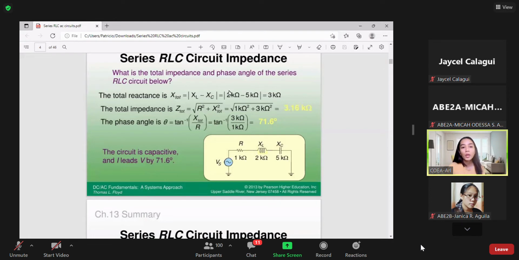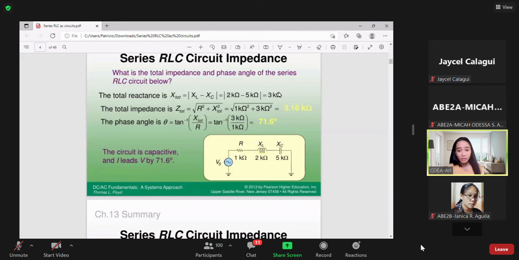What is the total impedance and phase angle of the series RLC circuit? Kindly input if we get the same answers. One kilo. Let's make use of the radical sign.